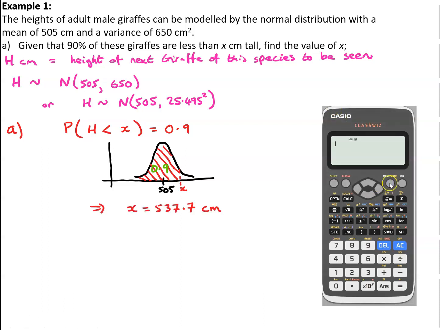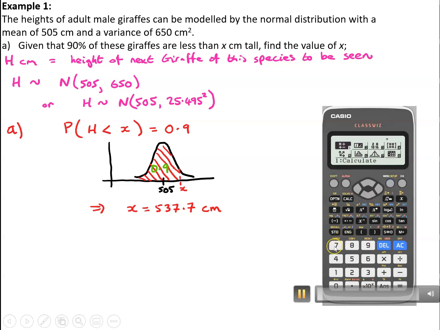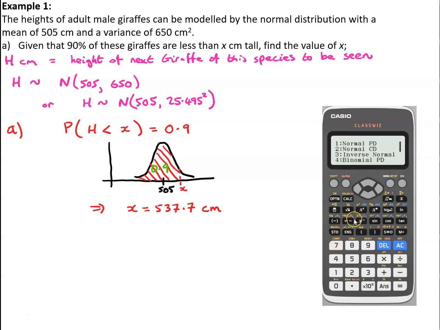So let's just go through this process of finding x once more on the calculator. We need to go menu 7 to get the stats options available, then 3 for the inverse normal ones. Put in the area to the left that we've got, then the standard deviation, and then the mean.